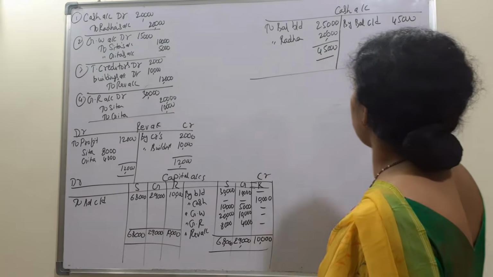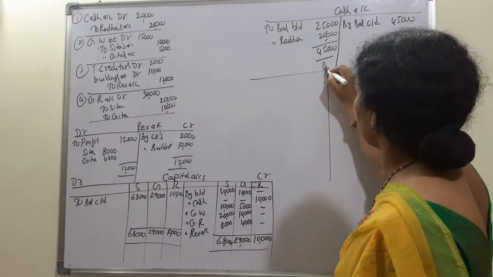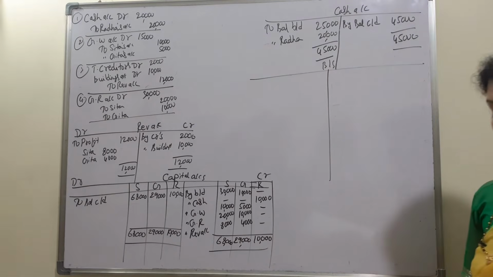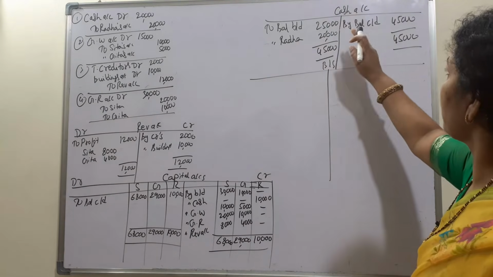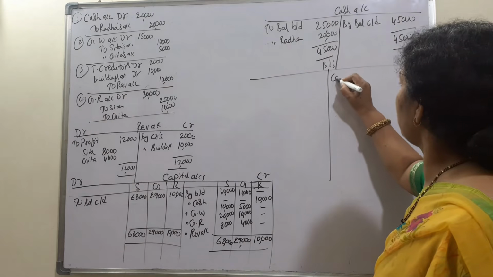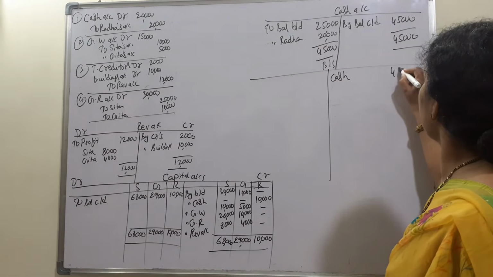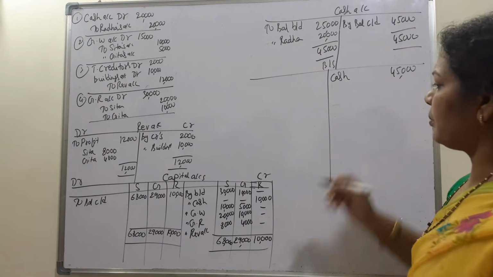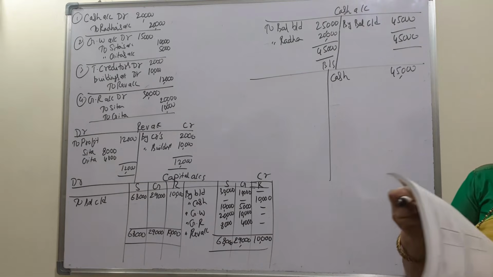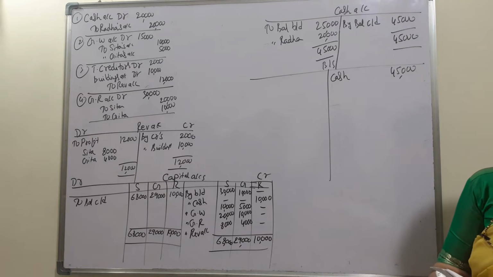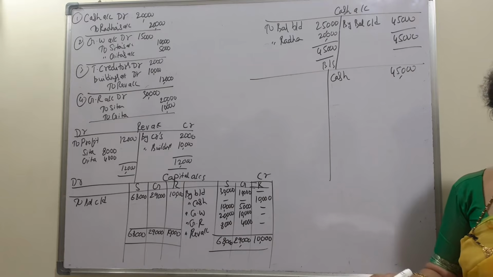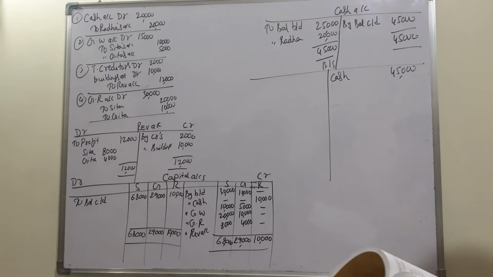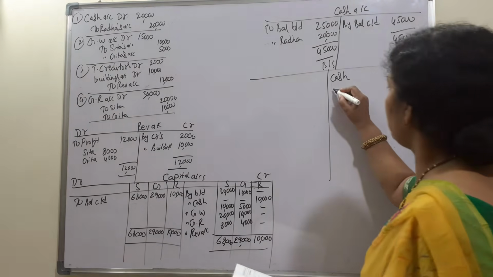Now next, the balance sheet. If you go for the balance sheet, first we'll start with cash only. Cash is 45,000 from the cash account. Next, debtors 30,000.